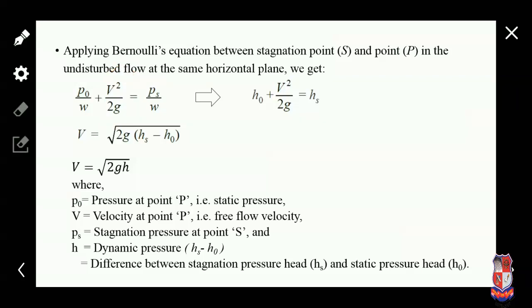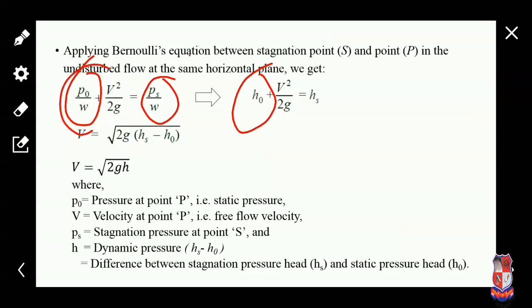Now we know that P0 upon specific weight is the pressure head at point P, and PS upon specific weight is the pressure head at the stagnation point.